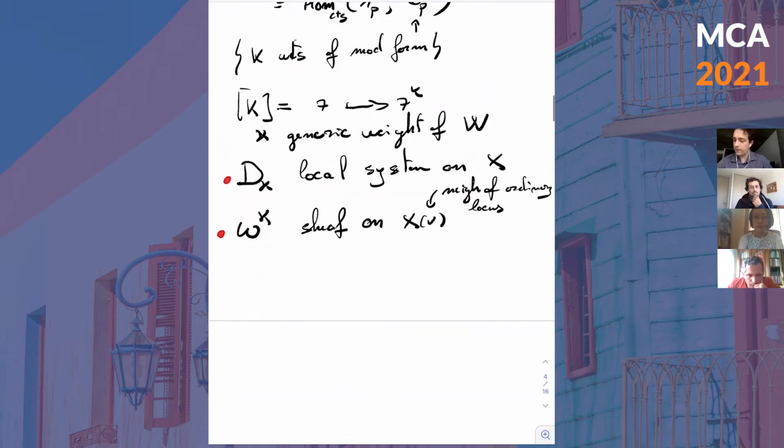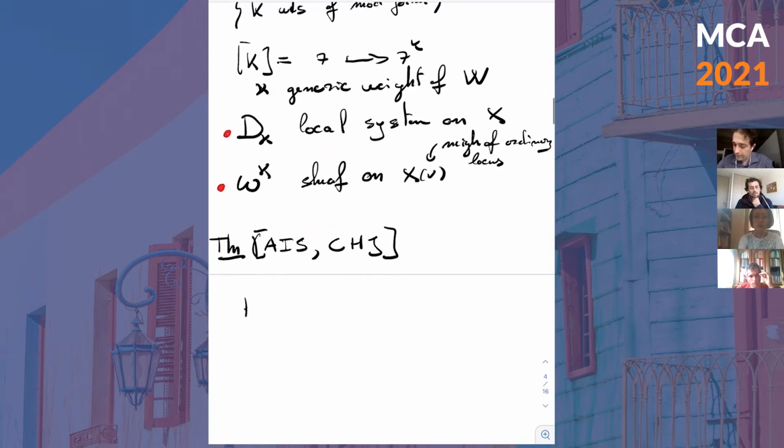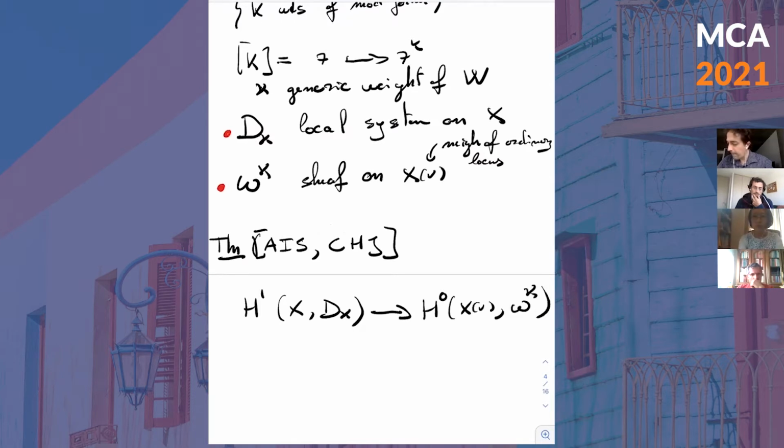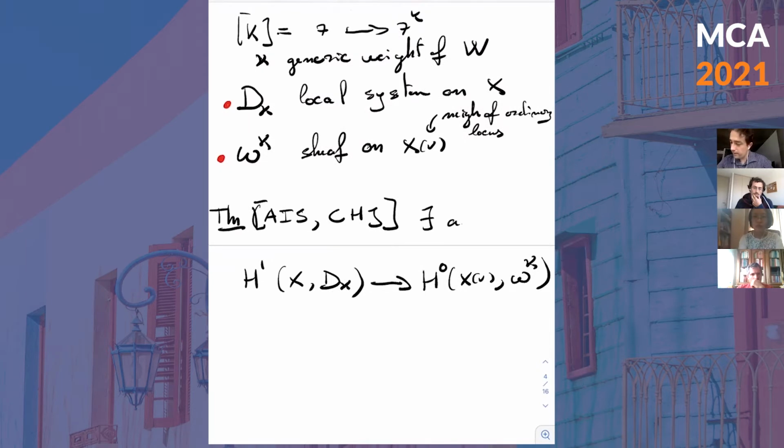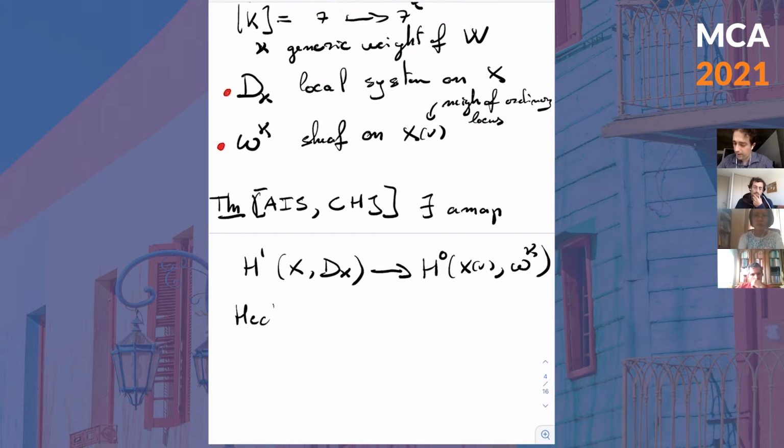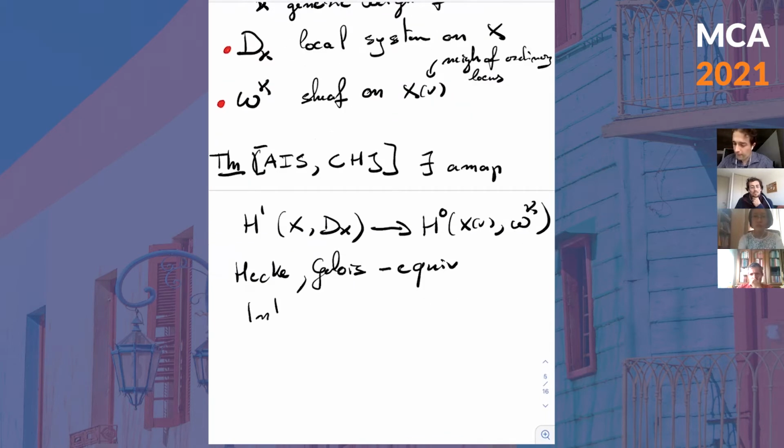And so I have these two objects and a theorem that is due to Andreatta, Iovita, Stevens, and Pilloni, Hansen, Johansson, that if we consider the cohomology of X with values in this D kappa, we have a natural map to this coherent cohomology, omega kappa. There exists a map like this, Galois equivariant, interpolating the morphisms of Faltings.